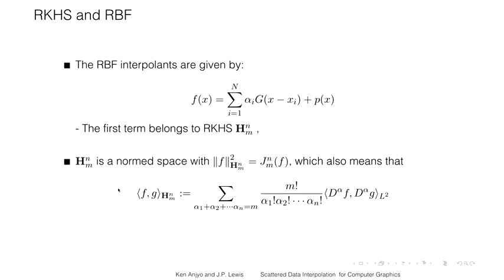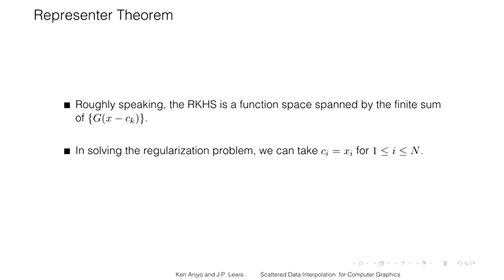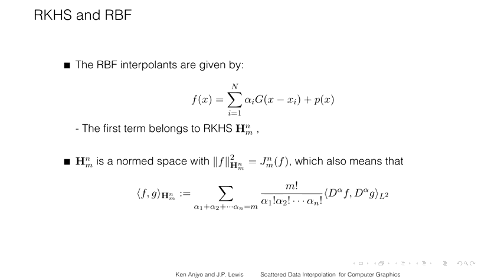And this space is a so-called normed space, which means that for any pair of elements in this space, we have a value as the inner product. And the inner product is defined in the last line. It's a little complicated, but it's quite a natural generalization of the thin plate spline case.